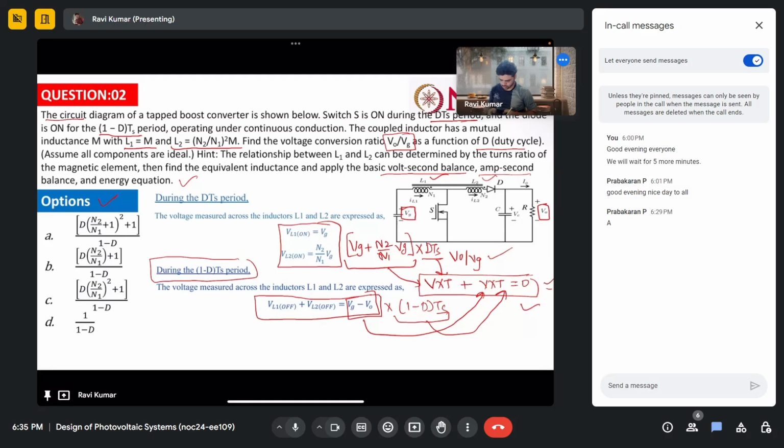A, B, C or D? Nothing is hard here: Vg plus N2 by N1 into Vg multiplied by DTs plus Vg minus V0 into 1 minus DTs equals 0. DTs you can cut off.